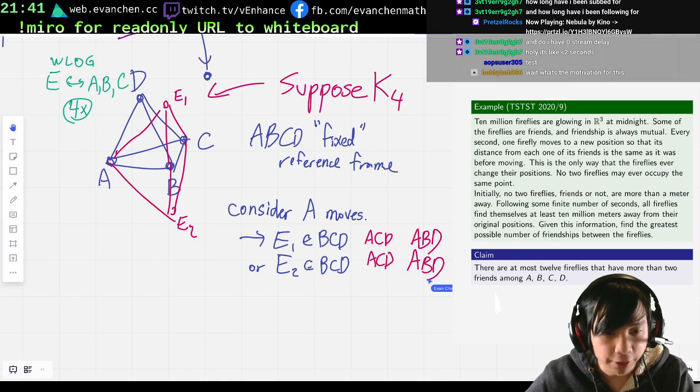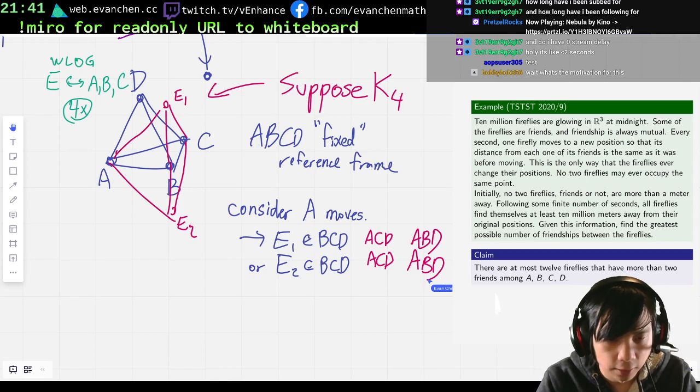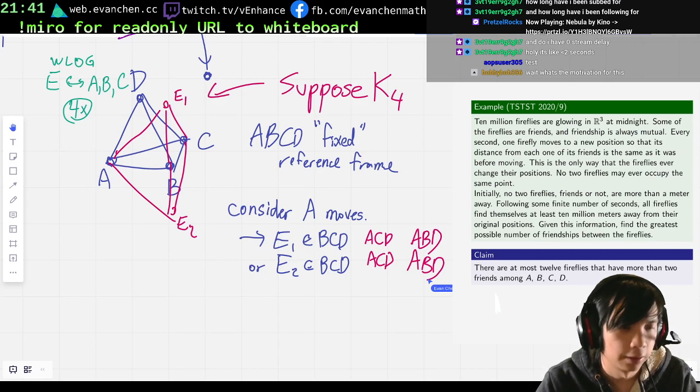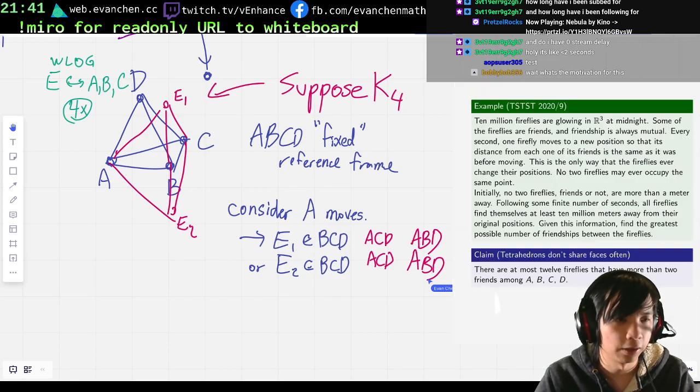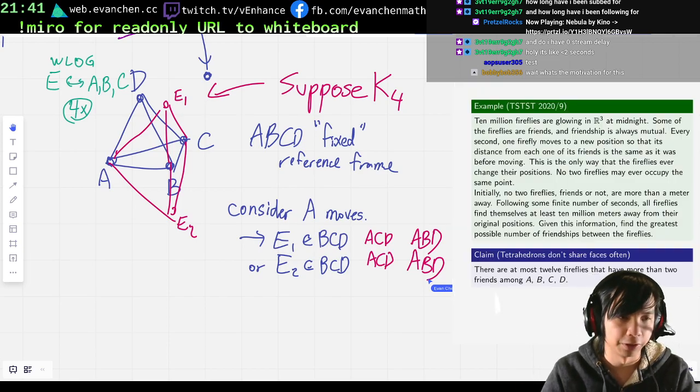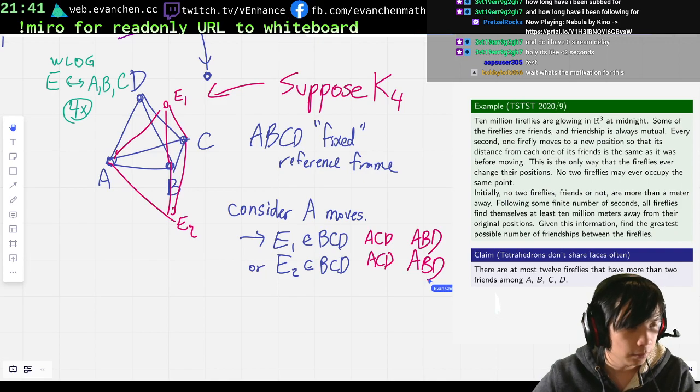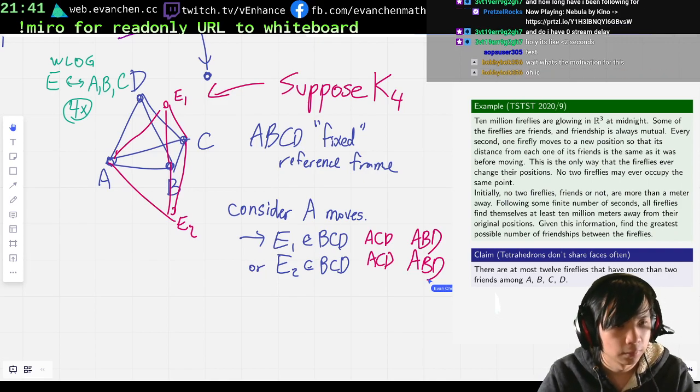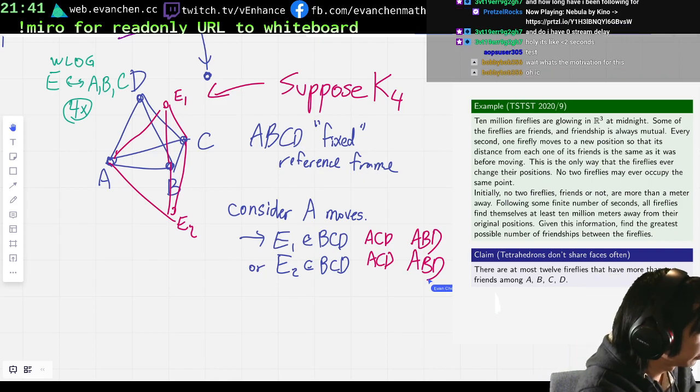So the way you can phrase this is that tetrahedrons don't share faces often. They could, but they usually don't. And you can imagine that having a tetrahedron share a face is really constraining. Actually, I should put that into the official solution as well.